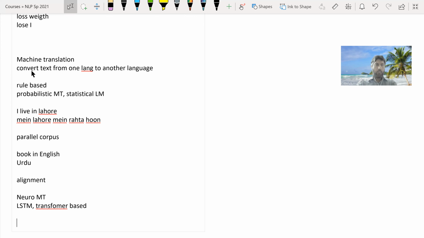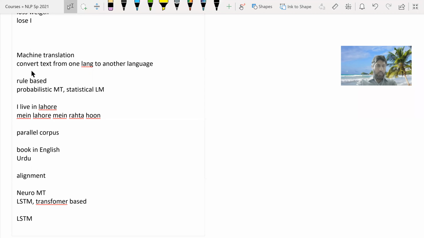Okay, so that was a basic intro to machine translation. Now let's see how this is done using neural networks, LSTM and transformers. So let's first talk about using recurrent models, LSTM, for example.